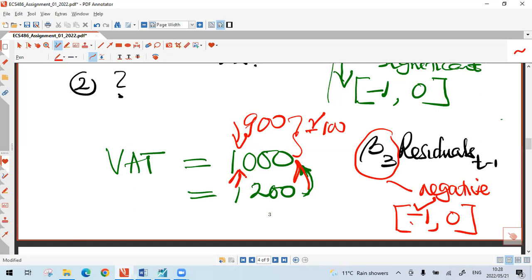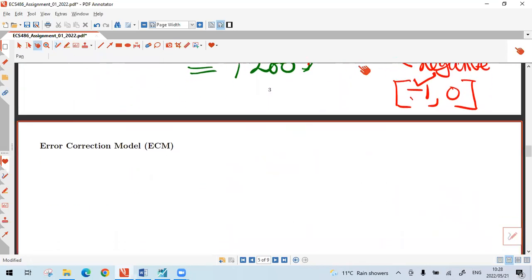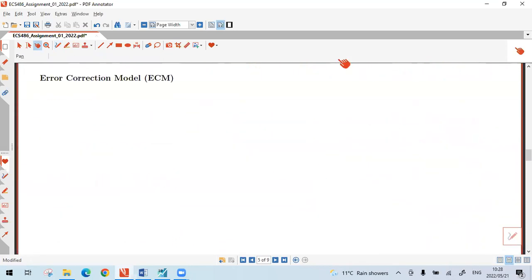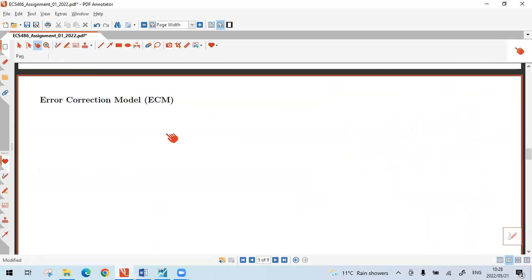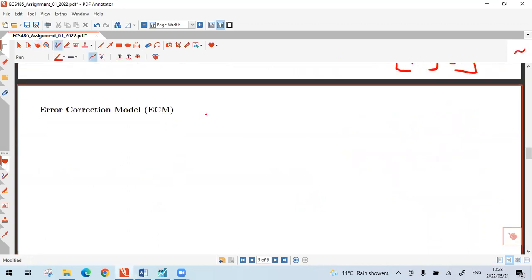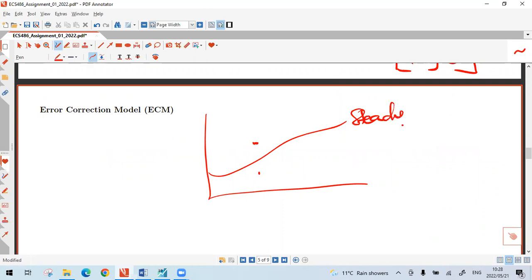In other words, we are simply saying here, oh, my pen. It's something like this. If this is the steady state path or the long run path, and if it's below here, it means it's a negative something.